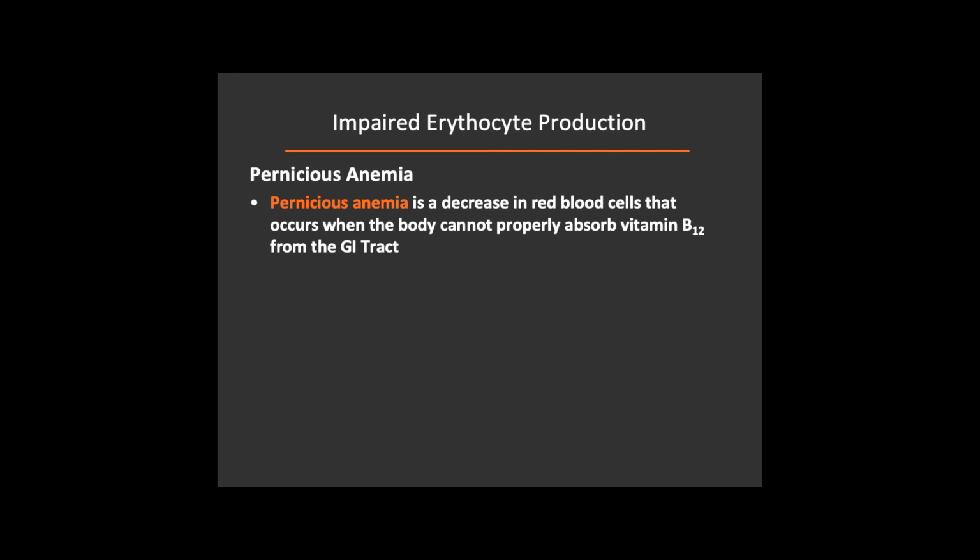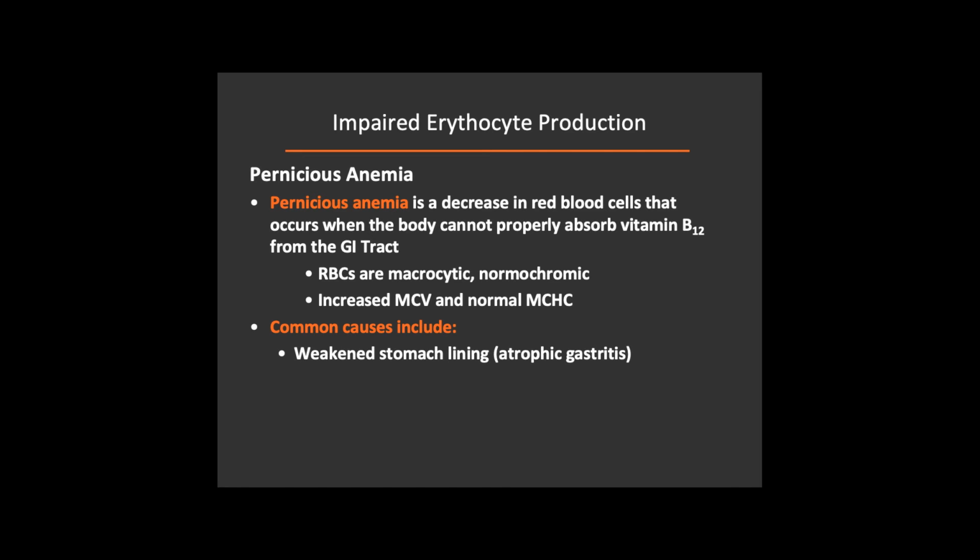leads to pernicious anemia. So pernicious anemia is then a decrease in red blood cells because you can't absorb vitamin B12. Your red blood cells are macrocytic, but they're normochromic. There's an increase in mean cellular volume, but there's a normal MCHC.